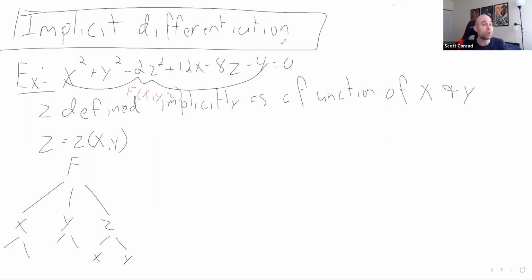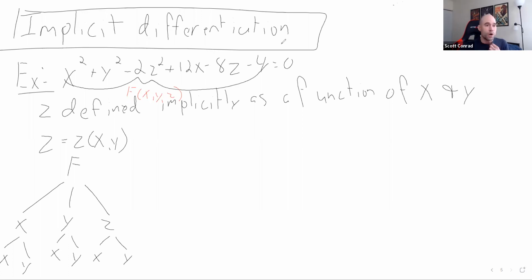We're going to treat x and y also as functions of x and y in a really obvious way, right? x is a function of x and y. It's just x. So what's the derivative of the function x with respect to x? Treating y as a constant, you get 1. What's the derivative of y with respect to x?